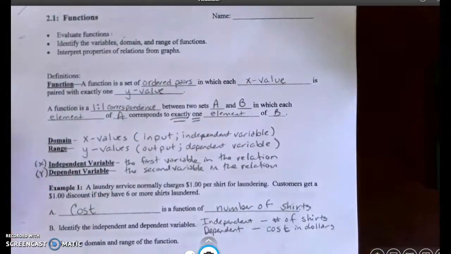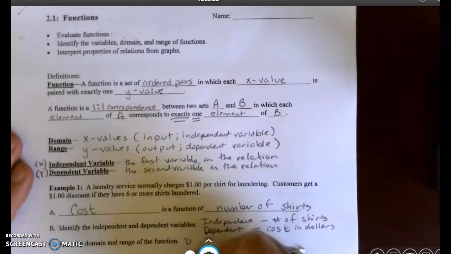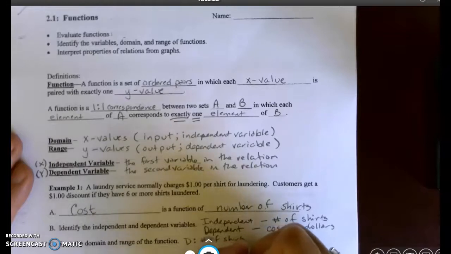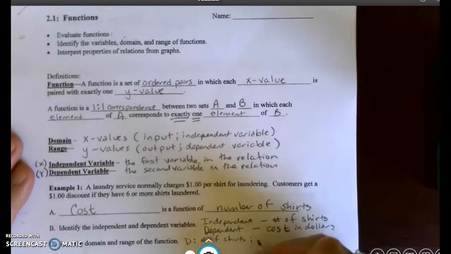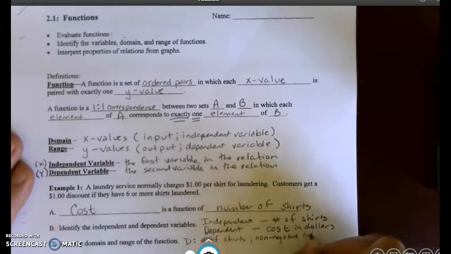All right, so now we're going to state the domain and the range of the function. So the domain, as we said, is the number of shirts. We're going to use D for domain, and the domain is the number of shirts. And so we are going to, numbers-wise, say that that is going to be non-negative. You can't be a negative number of shirts, so non-negative integers.